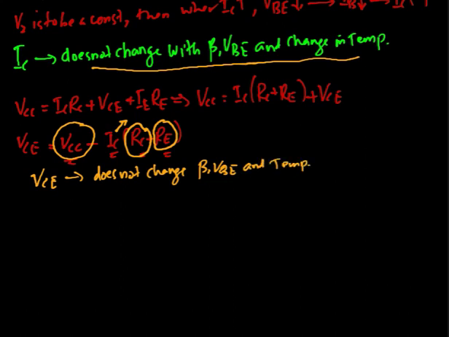So from these two statements, we can say that IC and VCE, that is zero signal collector current and collector emitter voltage, are fixed, which is possible due to the presence of this RE. So RE makes the IC and VCE, that is the operating point, independent of the variations in the transistor parameters and the changes in the temperature.